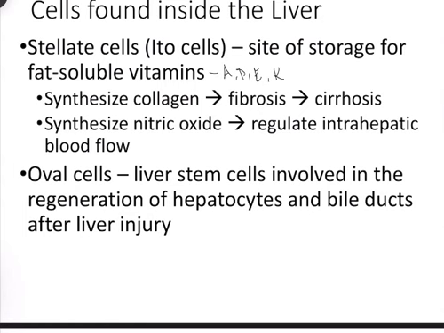Next are your oval cells. Oval cells are liver stem cells involved in the regeneration of your hepatocytes and bile duct after liver injury. So your oval cells are mainly responsible for the regeneration of your liver.